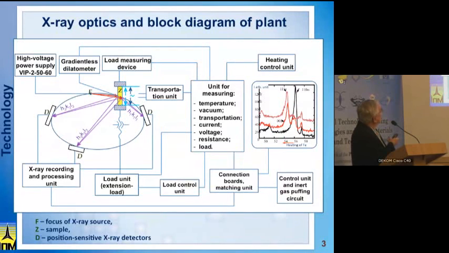So this is the sample. This is a focal point of the X-ray tube and detectors of X-rays. They're shown, of course, in sectors, but we would like them to be spread across the whole circle, because we would like them to be within the interference maximum, tuned into a material within the sample.